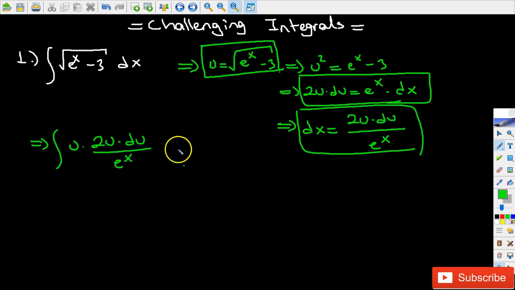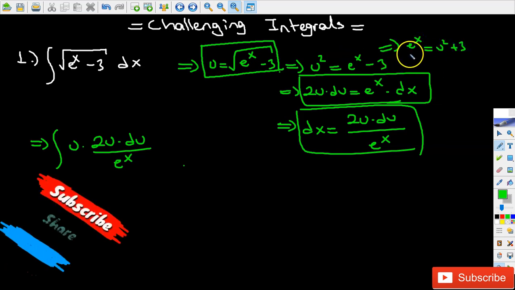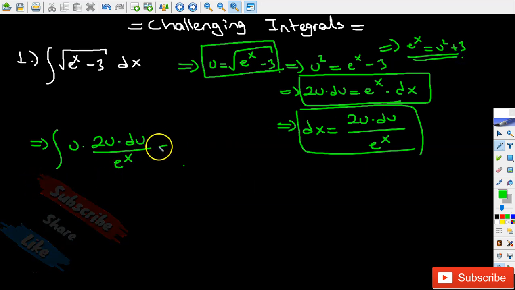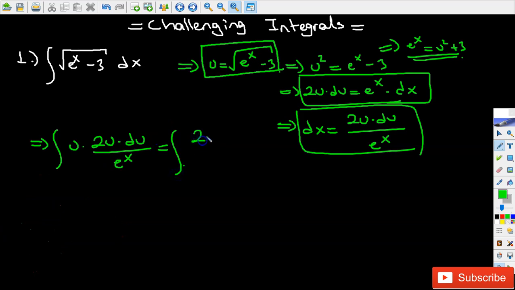For e to the power of x, if I solve this equation for it, I get e to the power of x is equal to u squared plus 3. So I'm going to substitute that back over here. My new integral becomes 2u squared du divided by u squared plus 3.